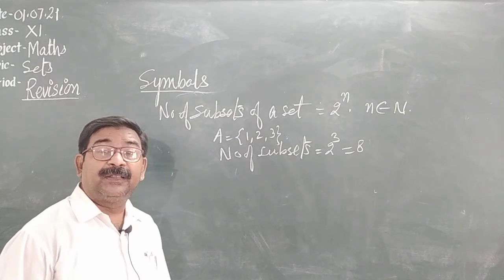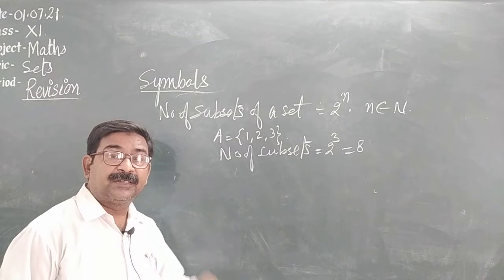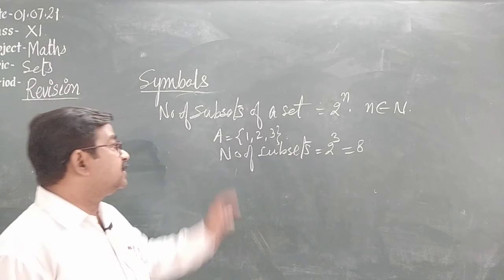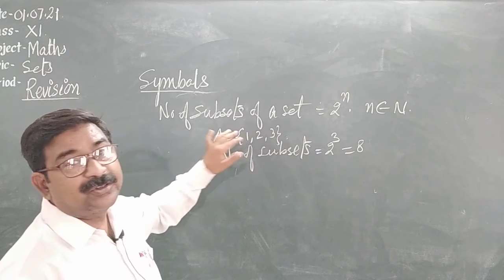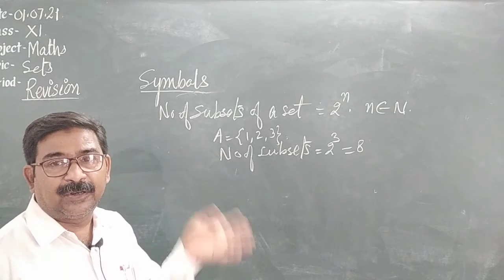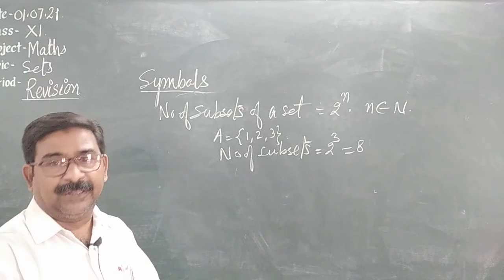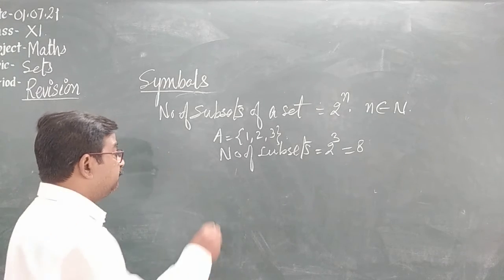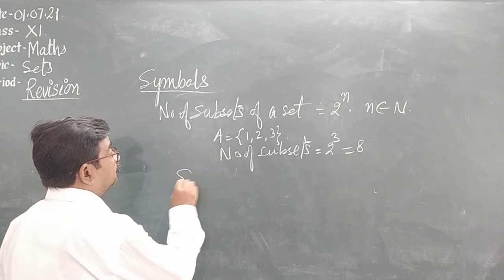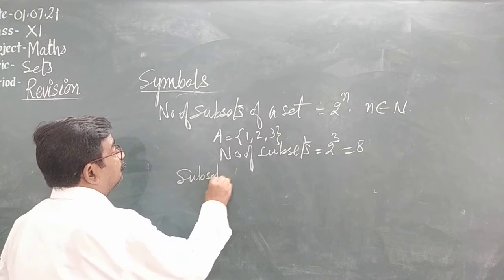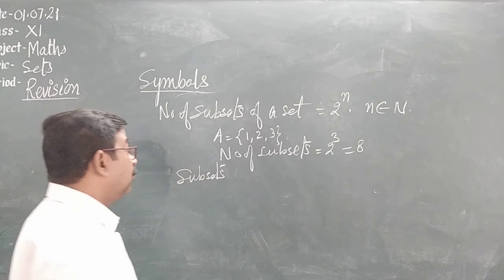Now how do we write the subsets? We separate all the elements of the set in the form of sets, one by one or all together. Let's see. What are the subsets?